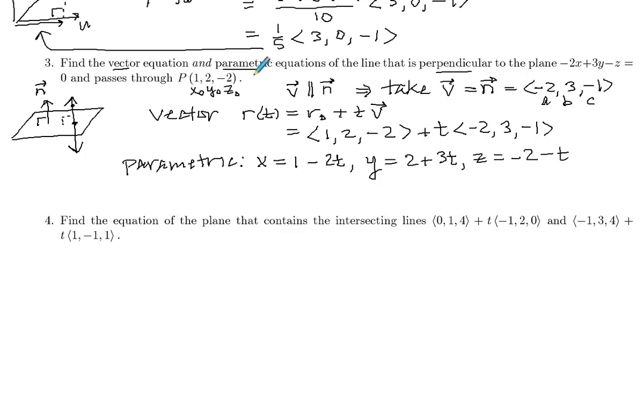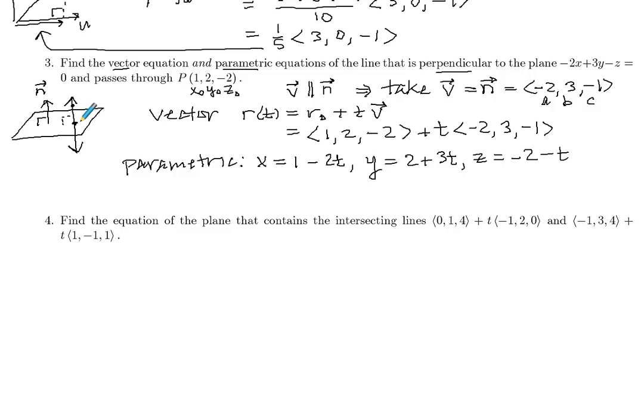So there's lots of different ways that I can ask you to get an equation for a line. You should look over the homework problems. But it all comes down to getting that direction vector. You're always given a point, but it's how to get that direction vector. If the line is parallel to another line, then they have to have the same direction vector.